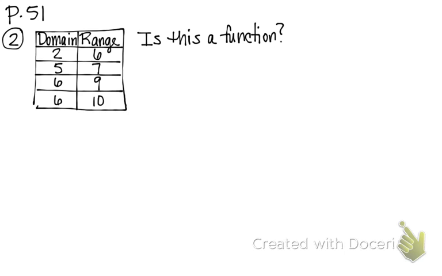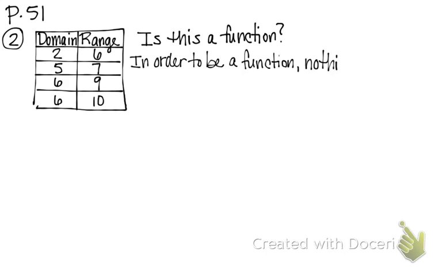In case you forget 12 hours from now when you're trying to do your homework, what makes it a function or not? We're going to say in order to be a function, nothing in the domain can be reused.